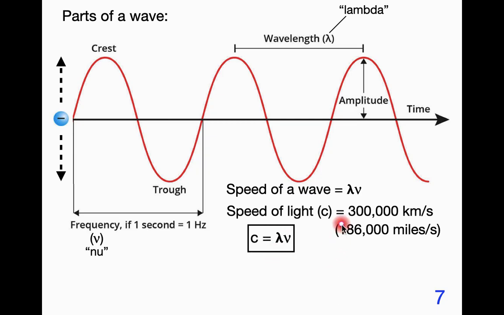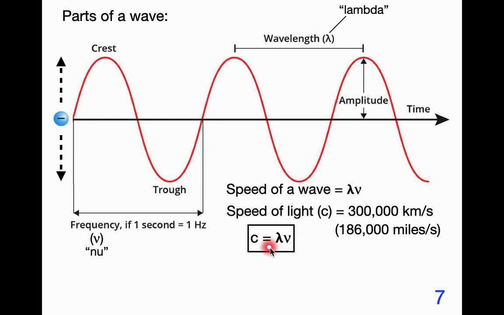Okay, now if we multiply the wavelength and the frequency of an electromagnetic wave, we would always get the speed of light, c. Now, we're not going to be doing calculations with this, but you will be responsible to know the relationship. Know that c is the speed of light and what the speed is, and wavelength and frequency.